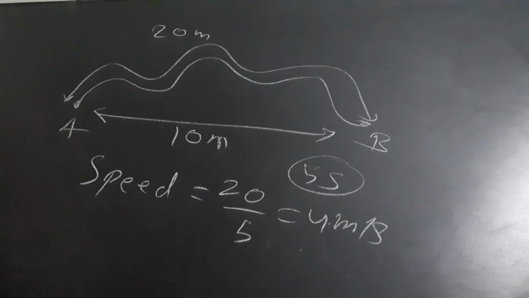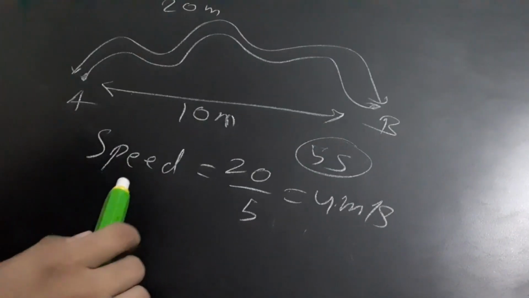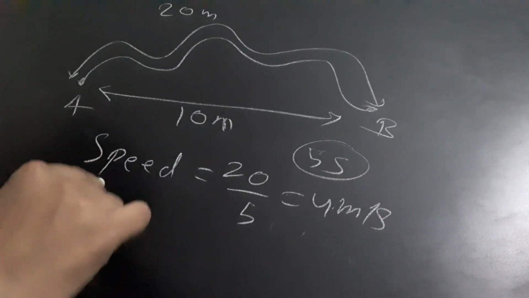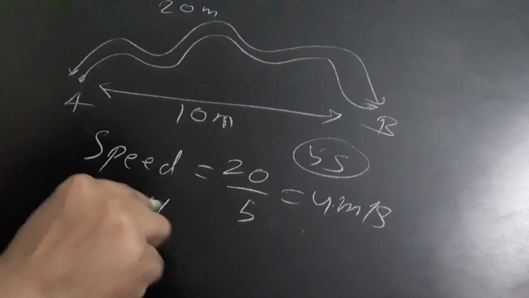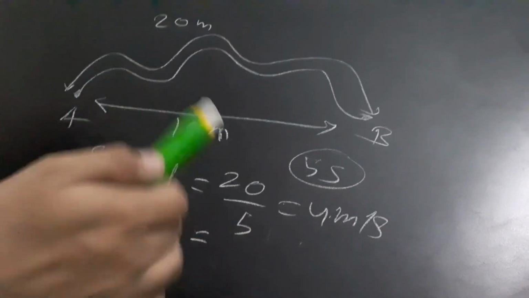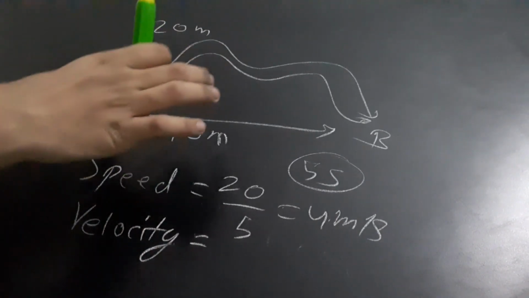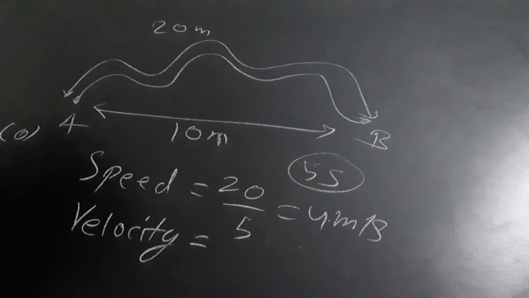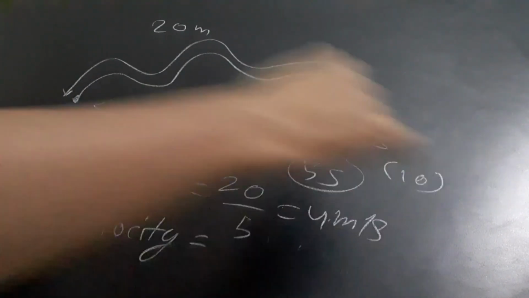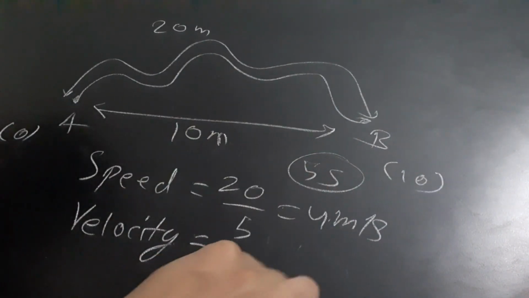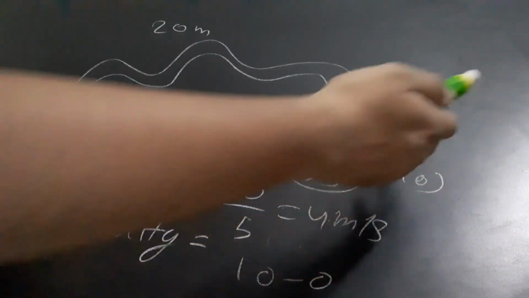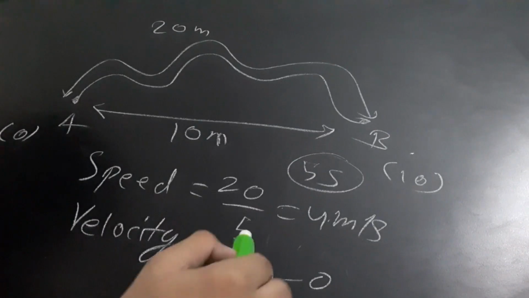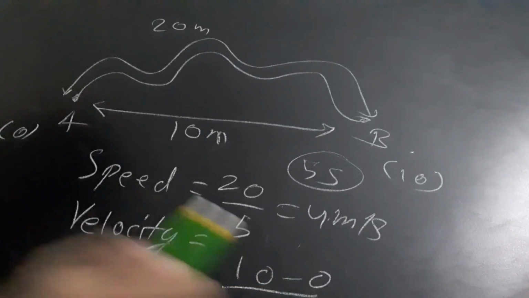Now for the velocity, it won't be the same as speed, because velocity is equal to change in position. And the particle, let's say that this position was 0 and this position was 10. The change in position is nothing but 10 minus 0, final minus initial. Let me erase this, I think you guys cannot see that.